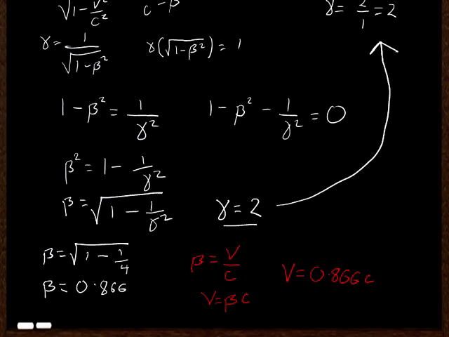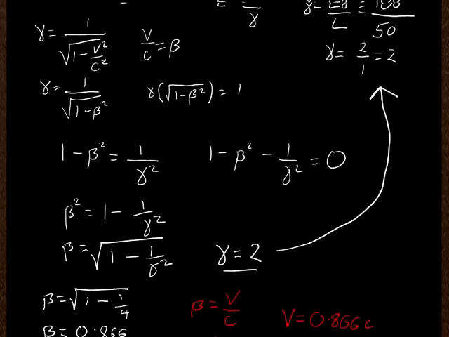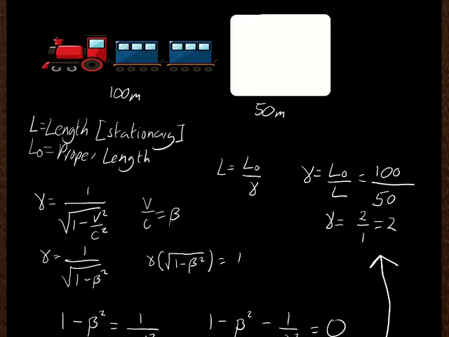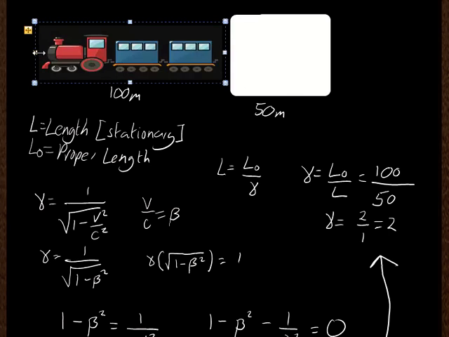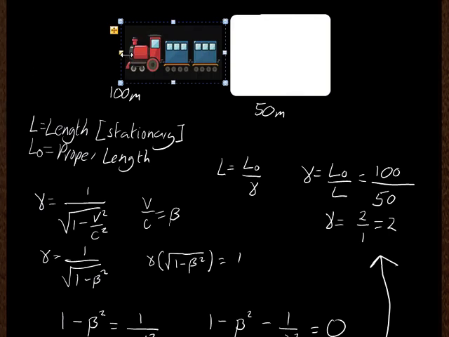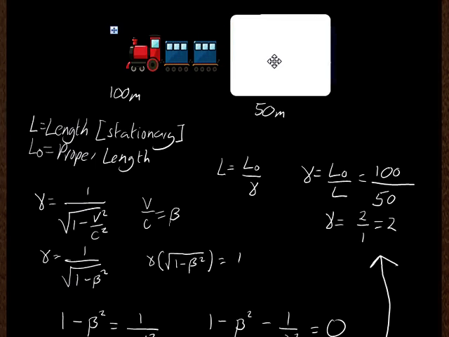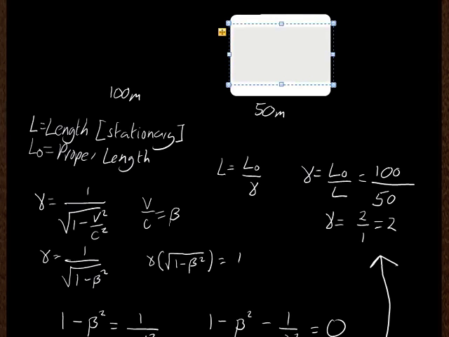There we go. And if the train was going that quickly, the train would actually fit into the tunnel. So if you were the stationary observer, what you'd see happening is the train shrinking like this to such a length that it would completely fit inside the tunnel like that.